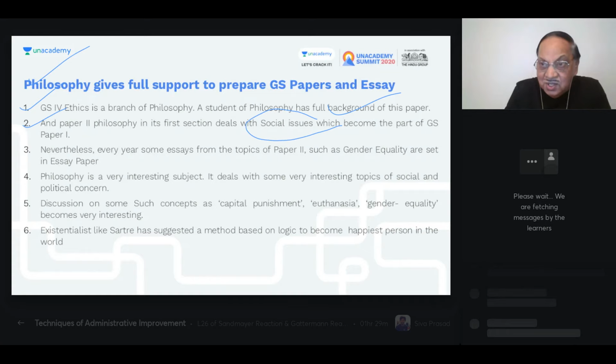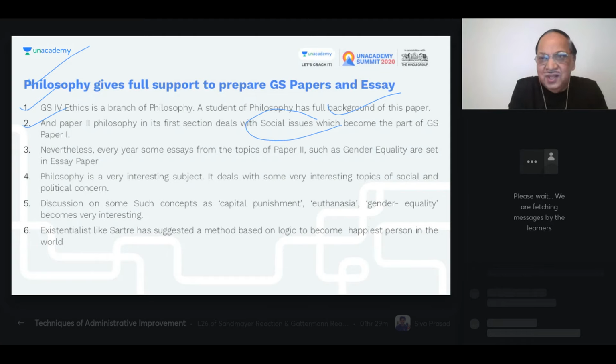And what you study in philosophy forms part of your GS Paper 1 under the name of social issues. So see how philosophy is going to help you even in GS Paper 1.